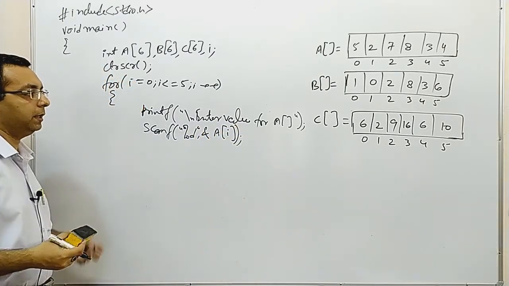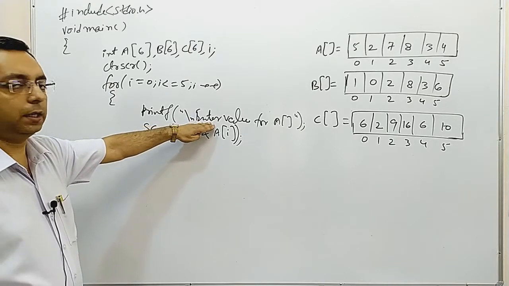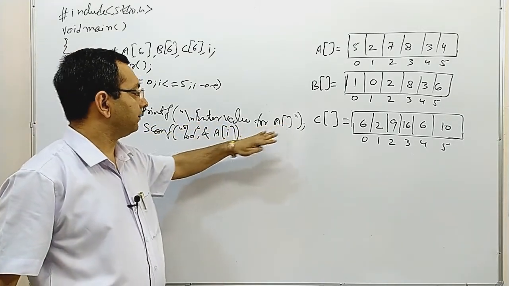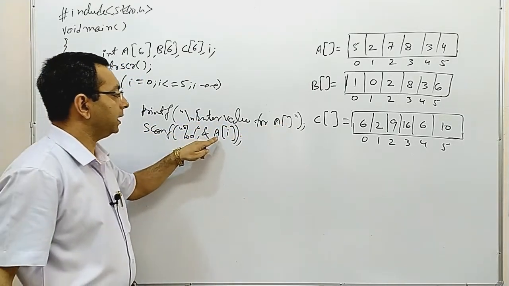So what will be happening here? We have printed the message, enter value for A array, and then we are storing the value at A[I].